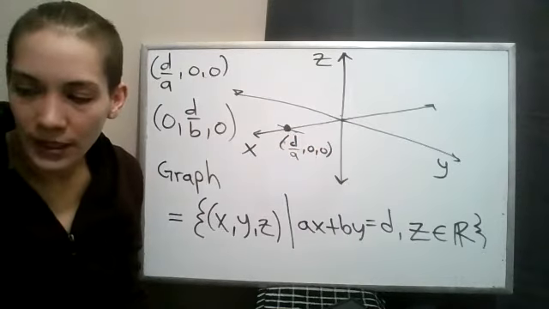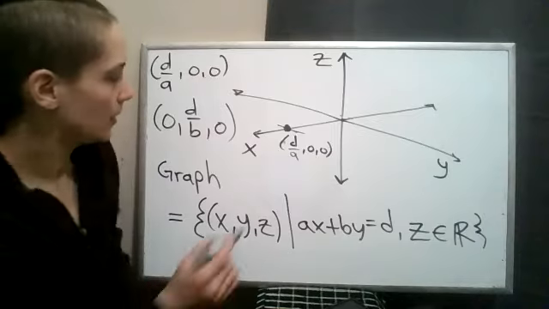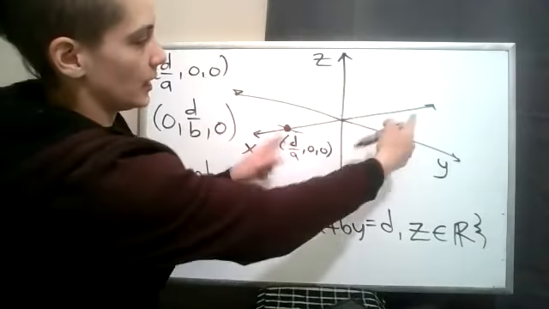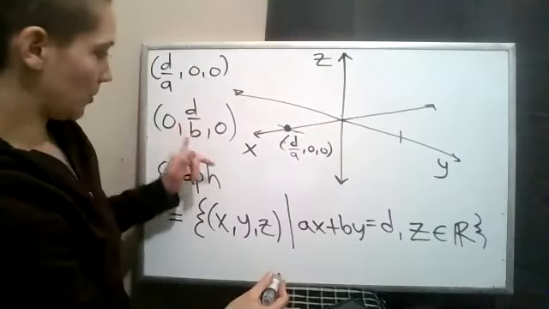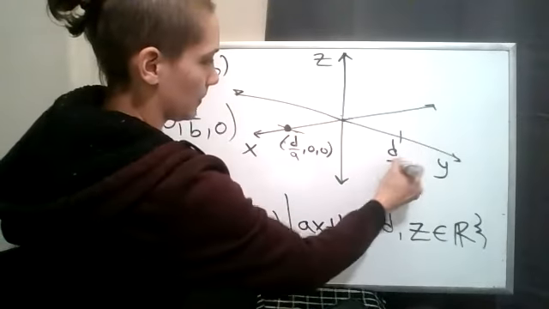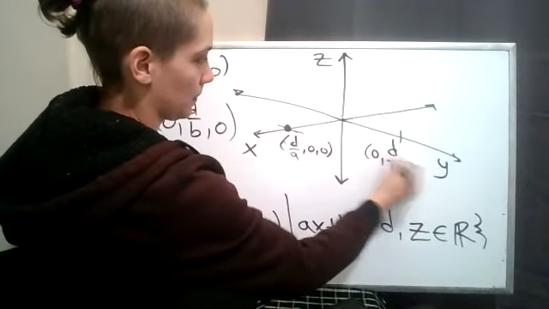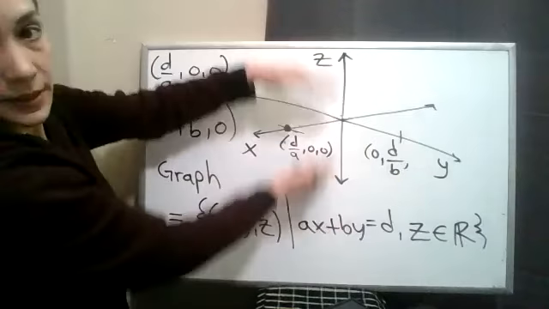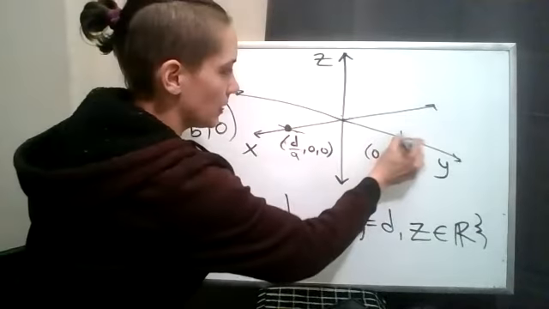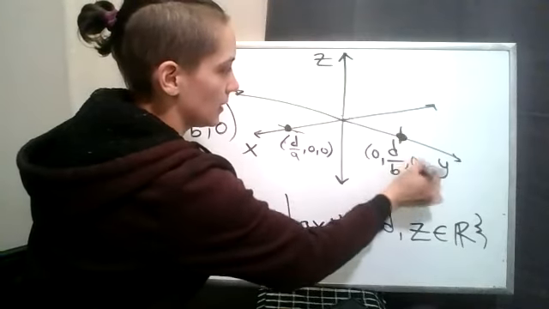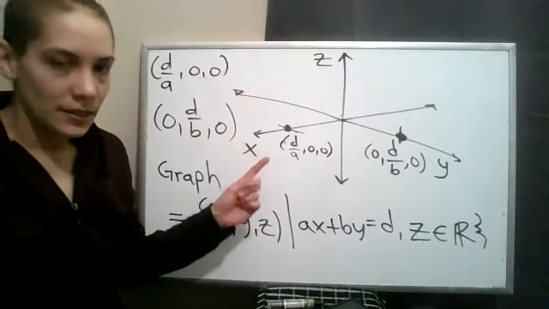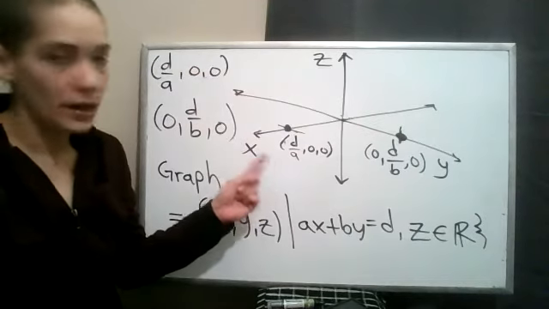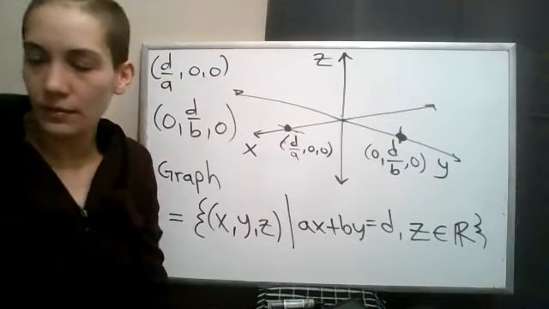Then plot 0, d over b, 0. 0 for x gets you right here, d over b, and then 0 for z. So your dot's right there on the y-axis. Cool. So this is kind of like the problem we did last time, which we are going to redo if there's time.